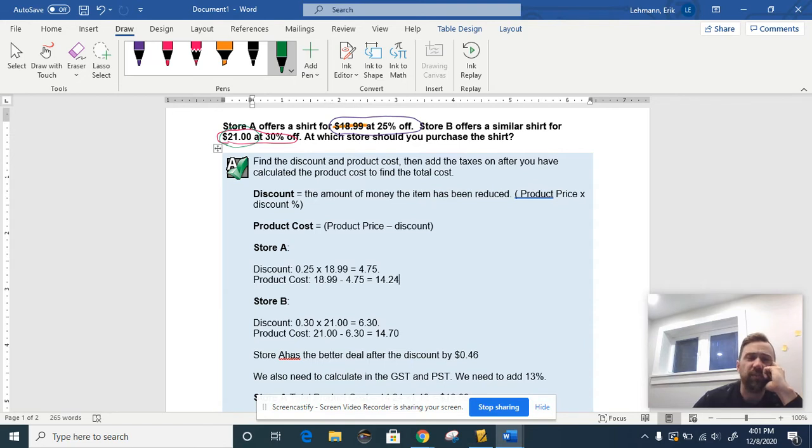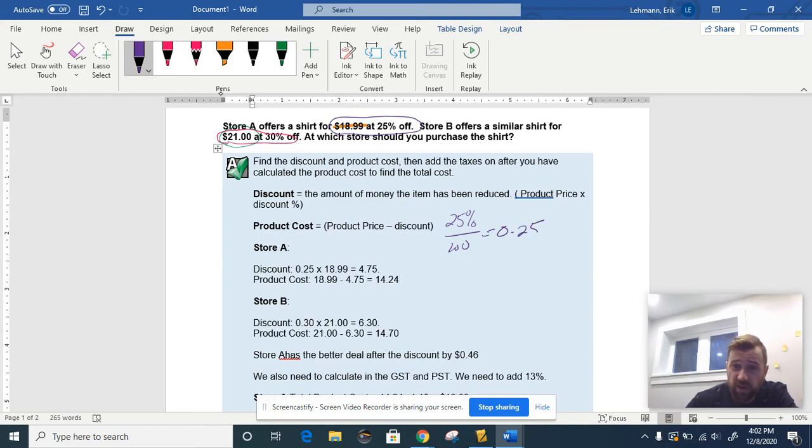Now, a couple of things. Remember that when we are dealing with a discount, we are reducing the price. And when we want to find out a percentage of anything, this is just like adding tax, we did this already. We're going to take this 25% discount amount and turn it into a decimal. When we take 25% and divide it by 100, we get a decimal of 0.25.